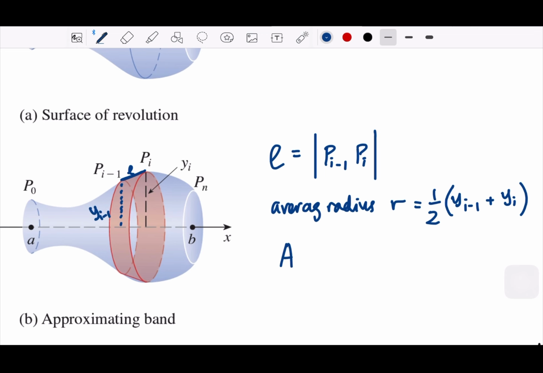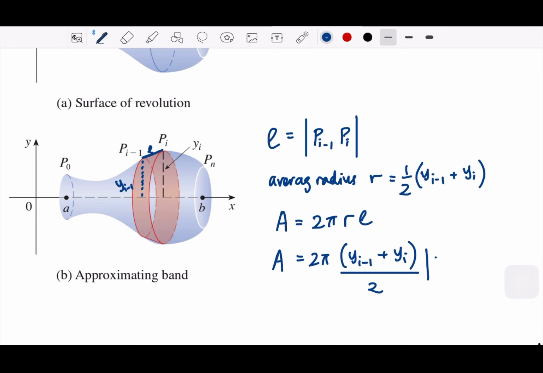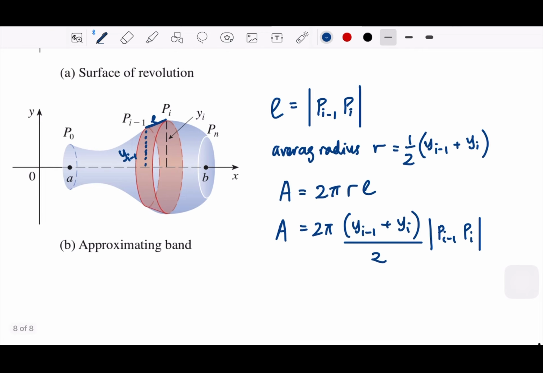So remember the formula before, we have 2 pi r L, right? So basically, this is yi minus 1 plus yi over 2, and then the distance between yi minus 1 and yi. And then we know from the previous lecture yesterday that the distance is our arc length, right?